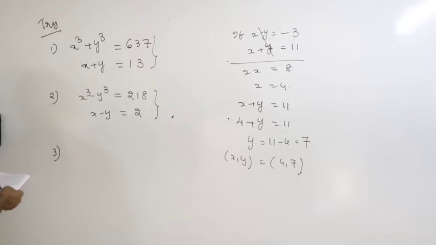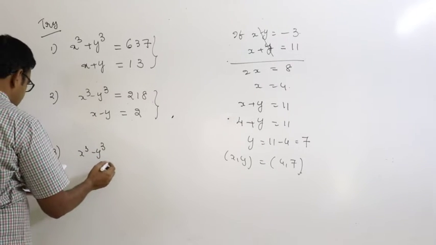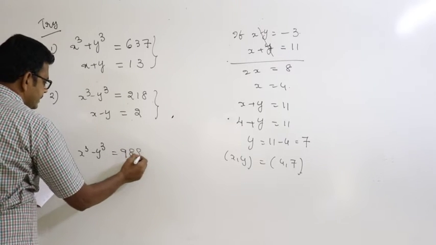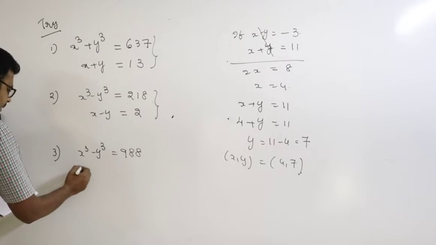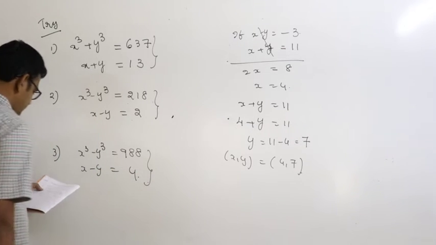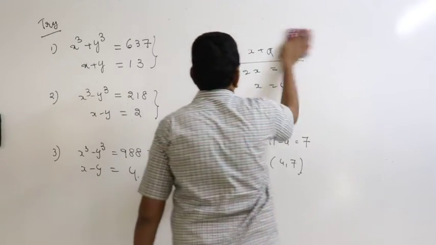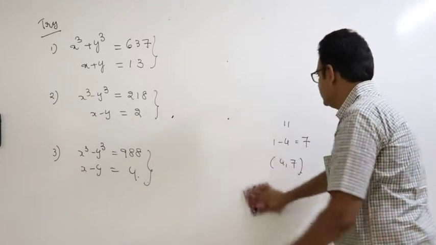And third problem, x cube minus y cube is equal to 988 and x minus y is equal to 4. Now solve these three equations by using the same process.